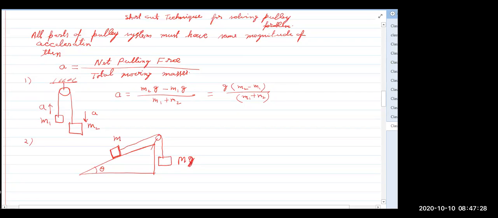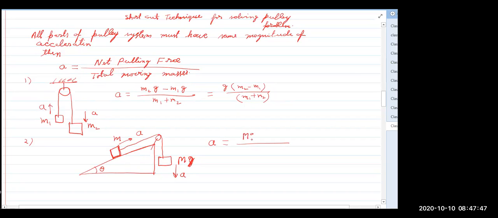So what will be the acceleration of the system? Again you can see, if this is going down with acceleration A, this will go up with acceleration A. Same magnitude of acceleration, so we can apply the shortcut technique. For the net pulling force, this is the object whose weight is trying to pull the whole system.